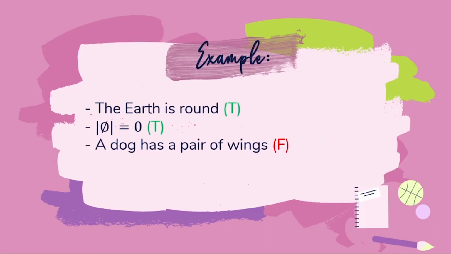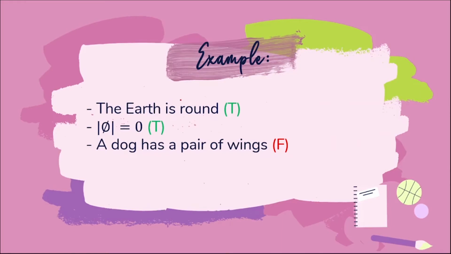Some examples of statements would be something like, the earth is round. This can be true or false; for the most part, it is true. The second example is the cardinality of the empty set is equal to 0, and it is also true.